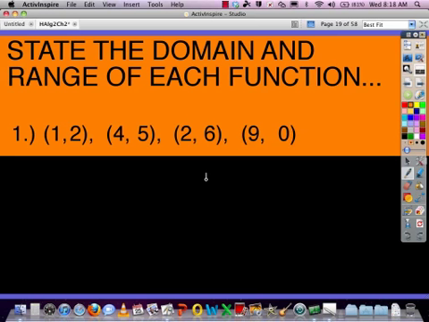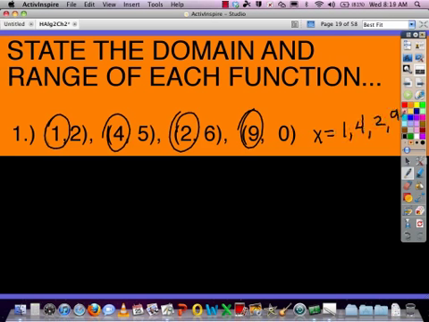In all possible x values, you're saying, there's a 1 here, there's a 4, a 2, and a 9. So we would have to say down here, x equals 1, 4, 2, and 9. The order you put them in doesn't really matter. Some people do like to put them in sequential order, but it's correct either way.